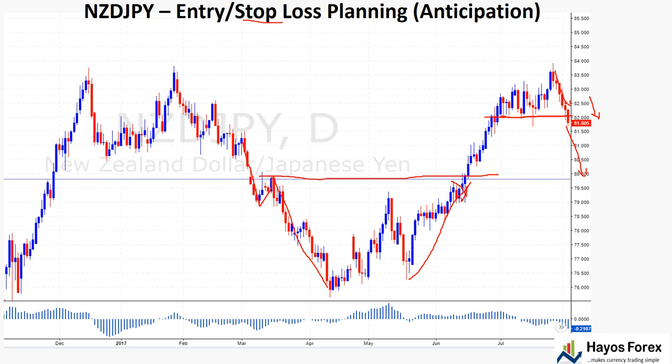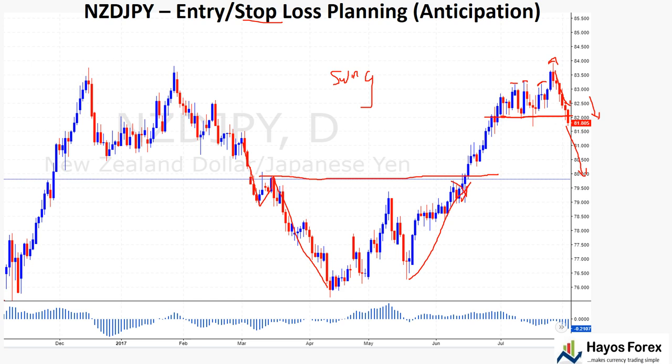In case my prediction is wrong, then for my stop loss I look for the closest swing high in the price. This is a swing high that is very high. This is another swing high, this is lower.